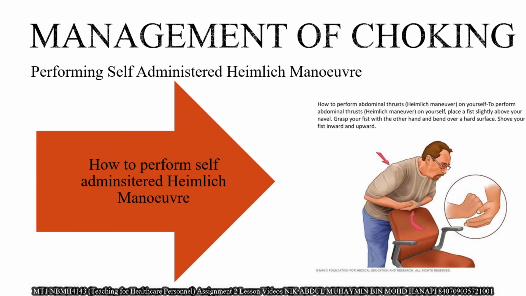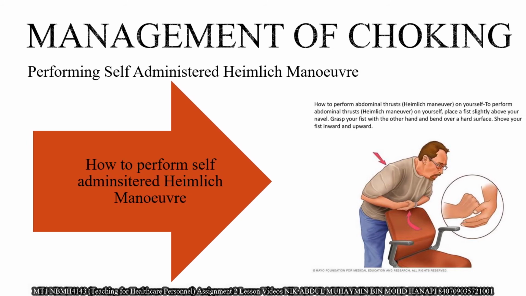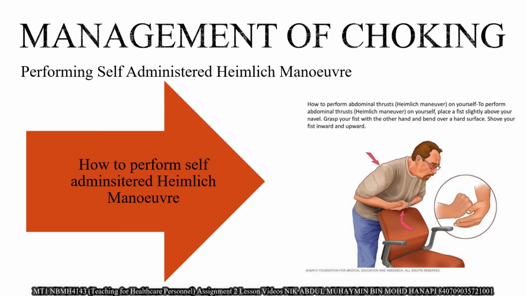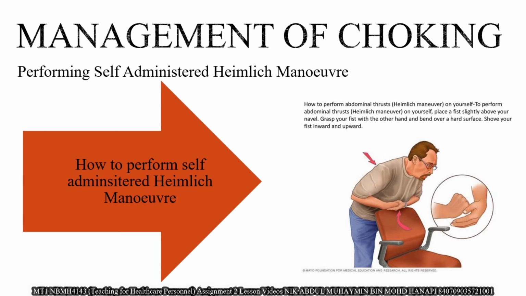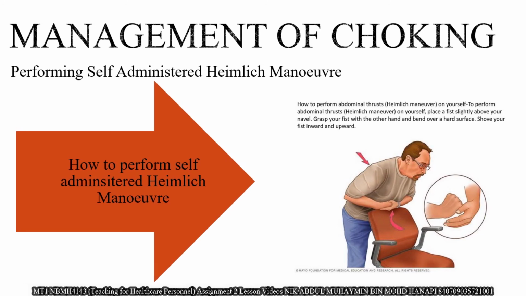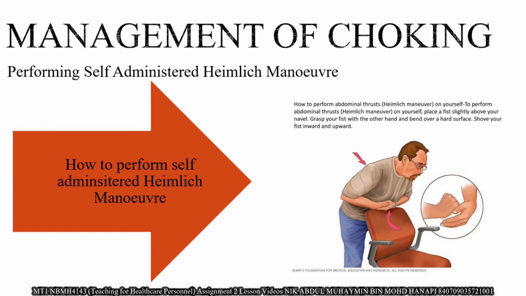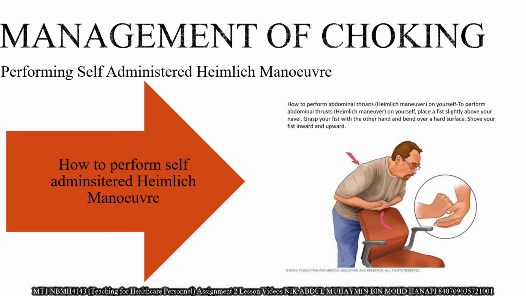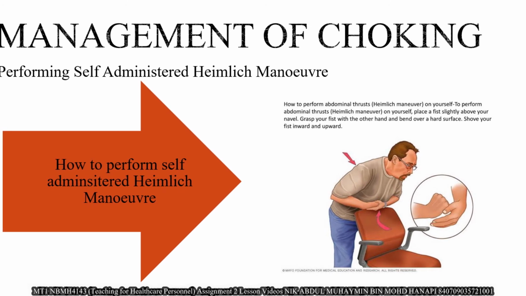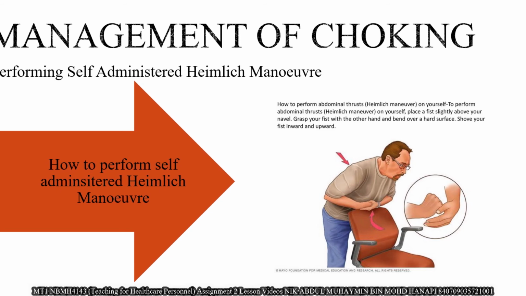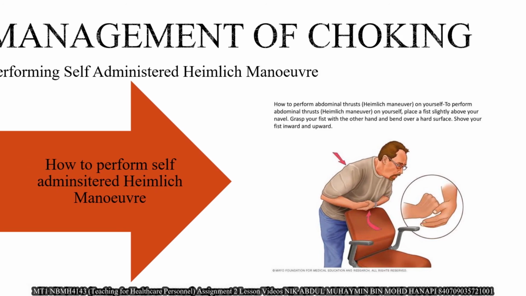As you may observe from the picture, because we as the rescuer cannot fully grasp the victim's abdomen, or cannot fully reach the victim's chest, we may use a chair to help deliver the abdominal thrust to that victim.